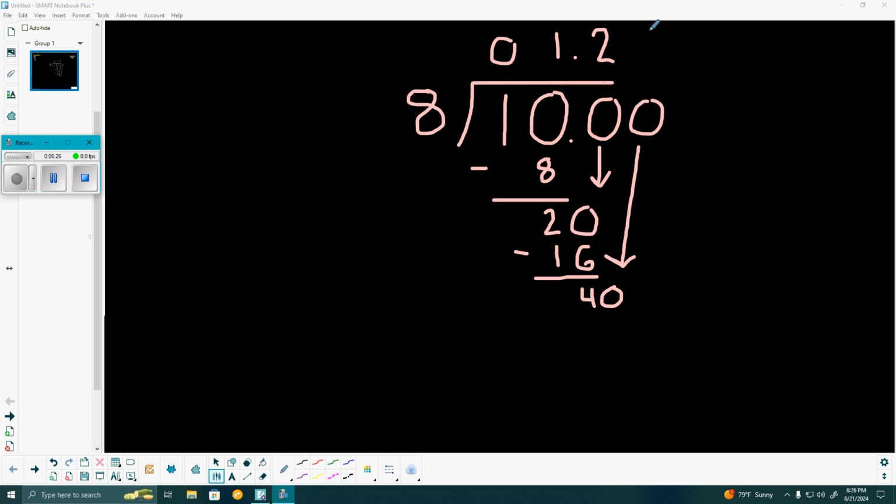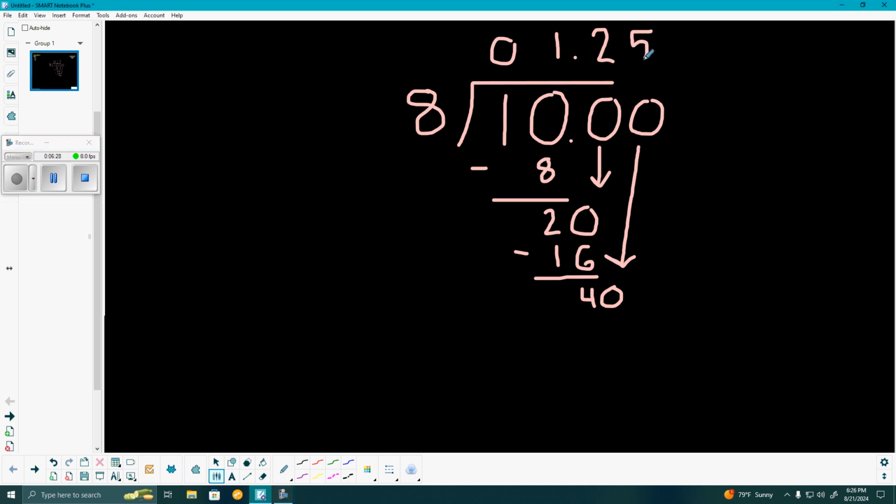I hope you said 5. 8 can go in 5 times because 8 times 5 is 40. Remember, you can always look at your multiplication chart. You should have one in your folder. If not, ask your teacher for one. 40 minus 40 is 0. So now that I have 0 down here, I can look up top to find my answer. So 10 divided by 8 is 1.25.